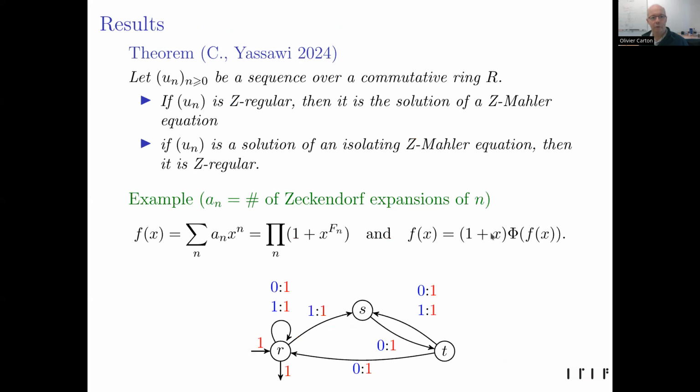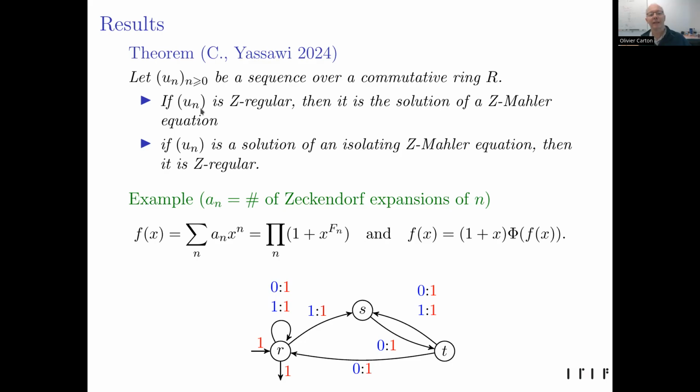And actually, what we proved is, more or less again, an extension of Becker and Dumas results. We have proved that if you take a sequence of values in a commutative ring R, then, if the sequence is Z-regular, the power series is a solution of a Z-Mahler equation.